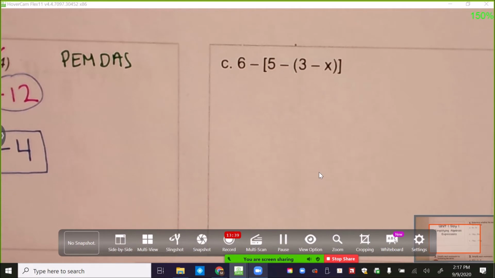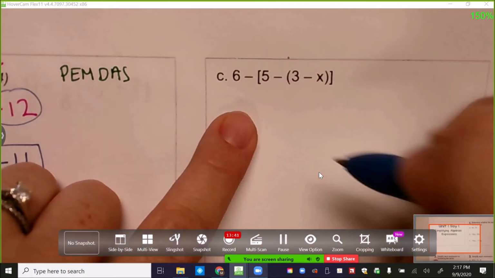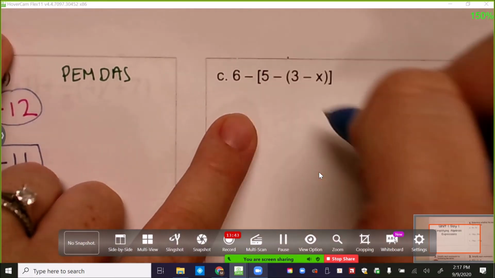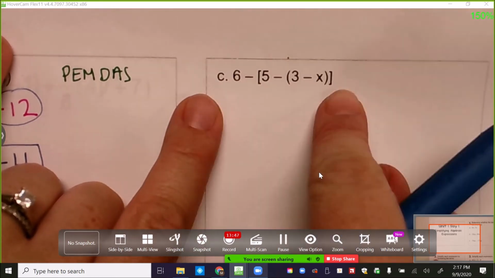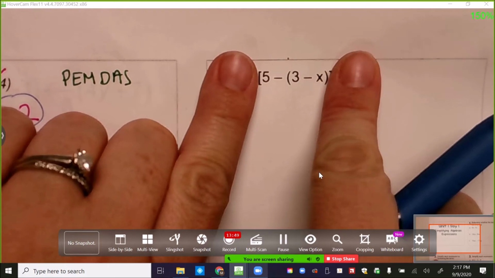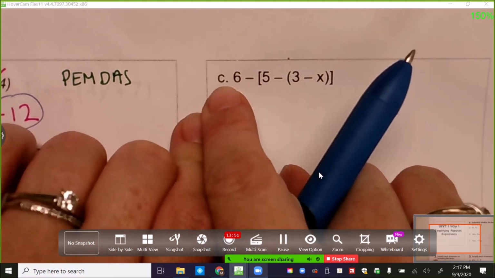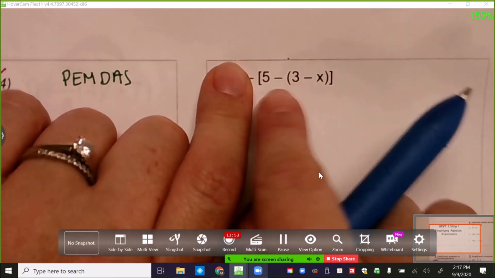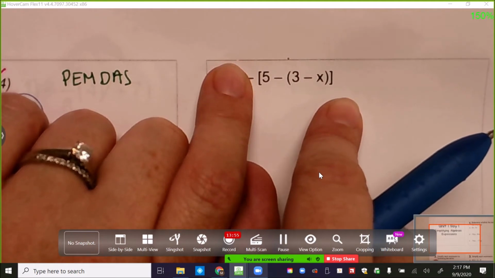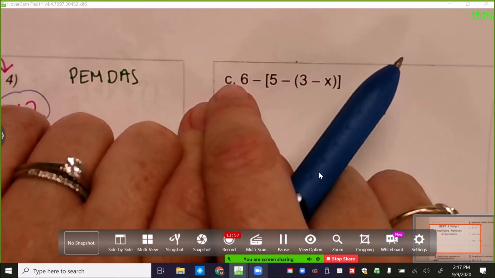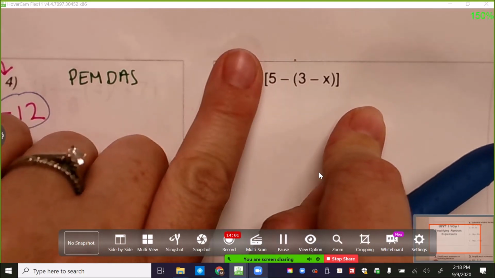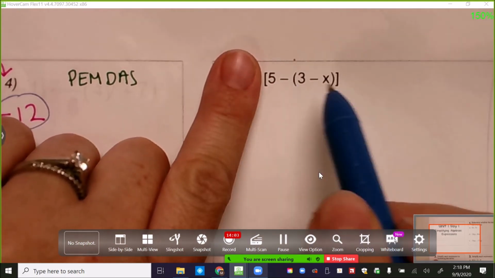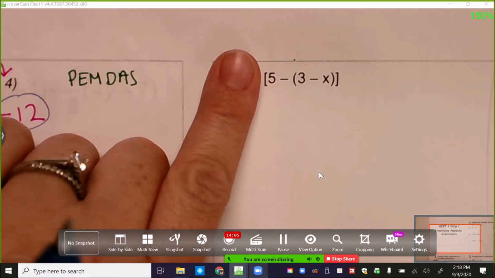When you have multiple, you work from the inside out. We don't want to start out here because we haven't simplified in here yet. You want to get rid of the inside parentheses before you start doing anything out here. So looking here, what are we going to do to get rid of that parentheses?